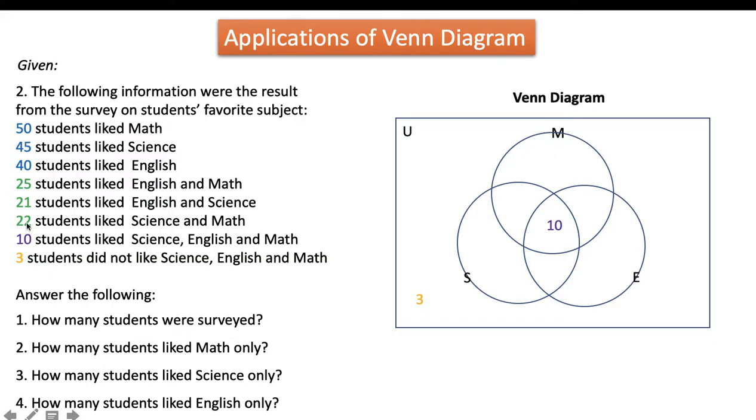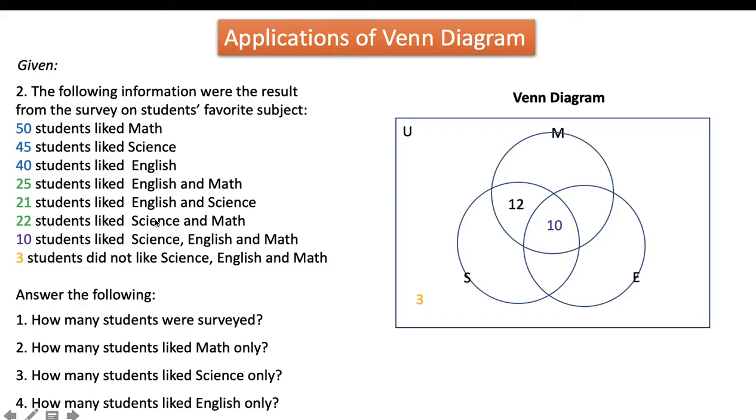Now, for these 22 students who like science and math, the sets for science and math are these 2 sets, 1 and 2. So this is the overlapping section. Since there are 22 students and we already have 10 here, we will just subtract 10 from 22, and that is 12. 12 and 10 make 22.